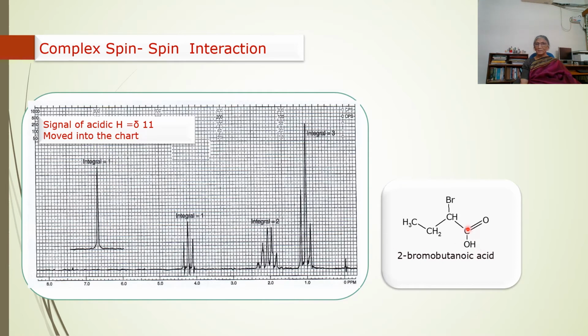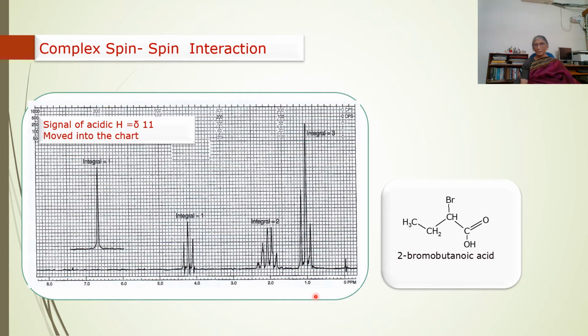Another signal is because of the methine proton. The methine proton will be deshielded because of the presence of bromine. So it is seen downfield. The signal from the methine proton is seen at 4.1 ppm, the signal from the methylene protons is seen at 2 delta value, and the signal from the methyl protons is seen at 1 ppm.